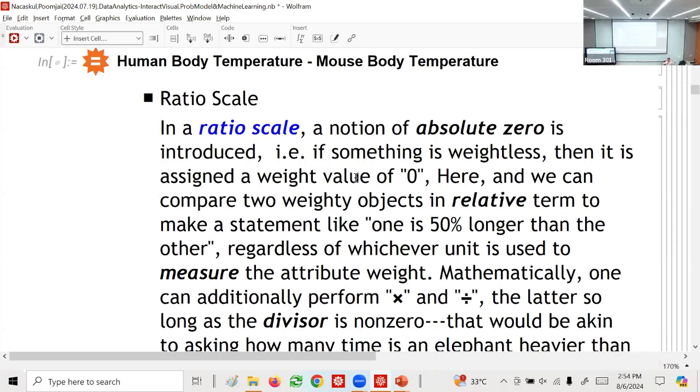So if you can do this, that means it is a ratio scale, right? But it turns out that the number they work with doesn't have that 0. There's no absolute 0. So making a statement like, this design is 20% better than that design, means nothing.